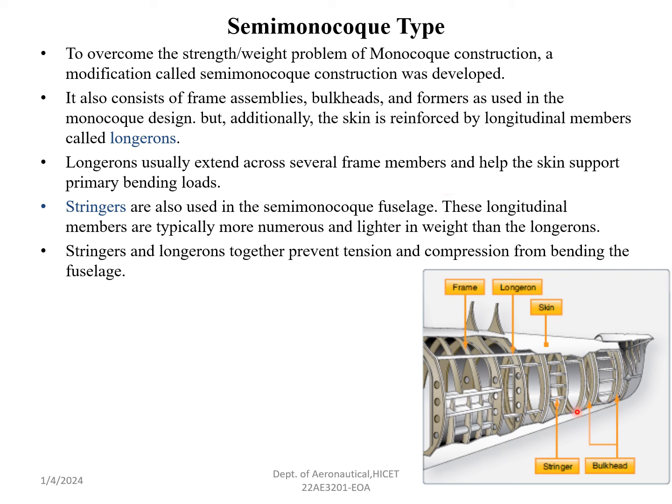And here the stringers are available. They are also used in semi-monocoque fuselage. These longitudinal members are typically more numerous and lighter in weight than longerons. These stringers and longerons together prevent tension and compression from bending the fuselage.